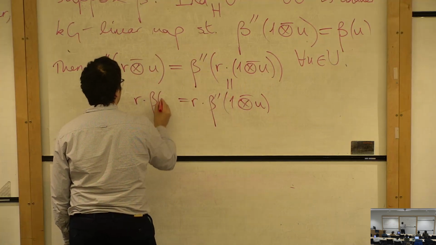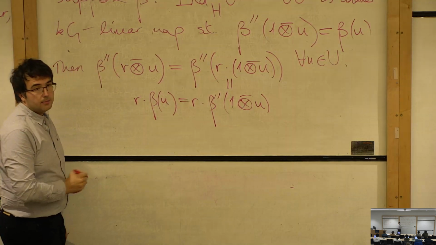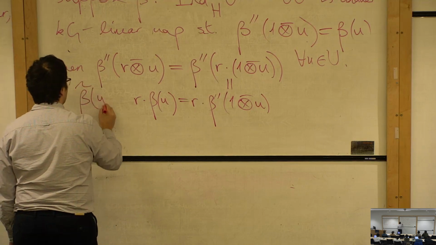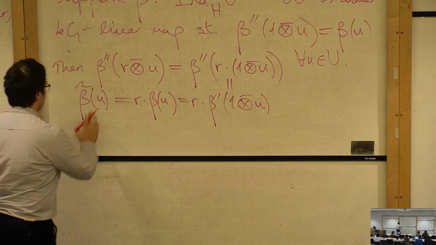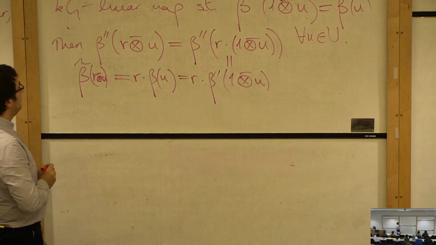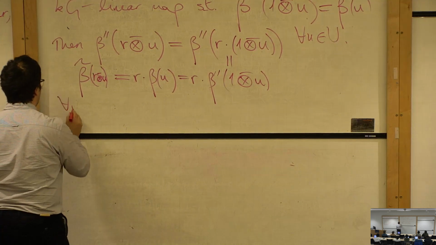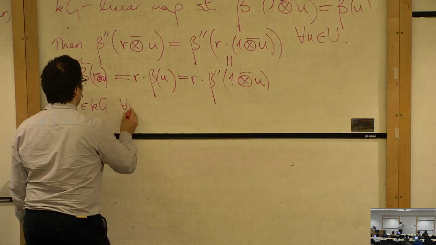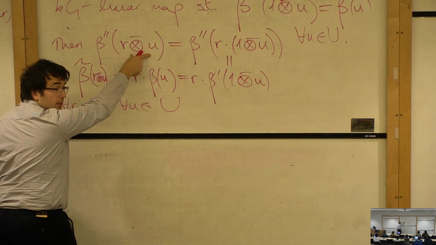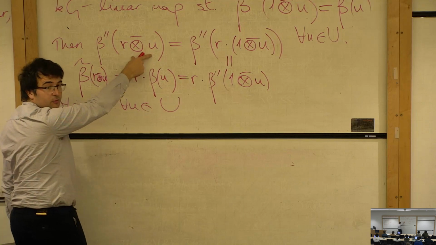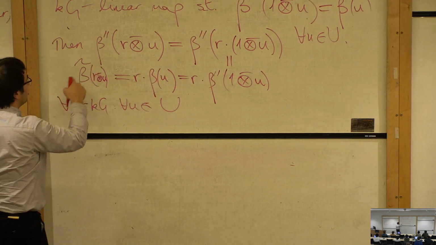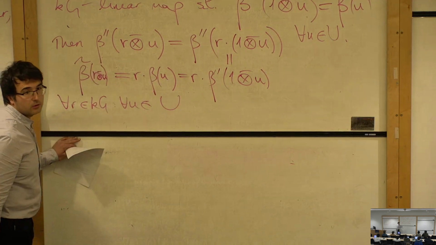It's R of beta of u. Right, but that's beta tilde of R tensor bar u because I've checked that it works. So this is true for all R in KG, for all u in U, and these images of elementary tensors span the induced representation. Not everything is equal to something like that, but the span is. So if you've got two linear maps which agree on a spanning set, then they're equal.